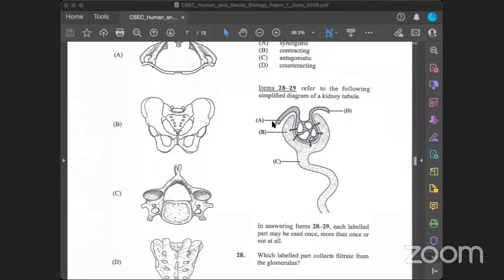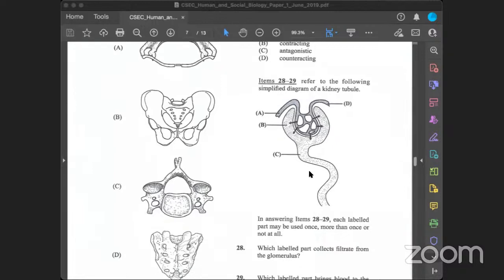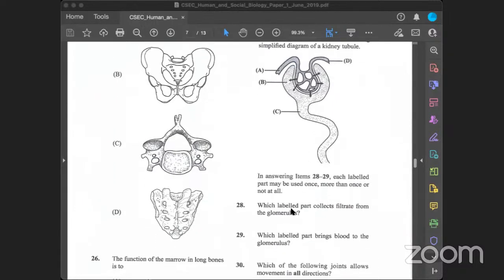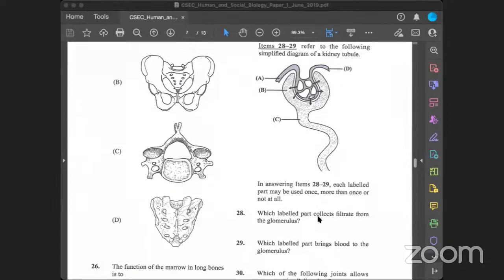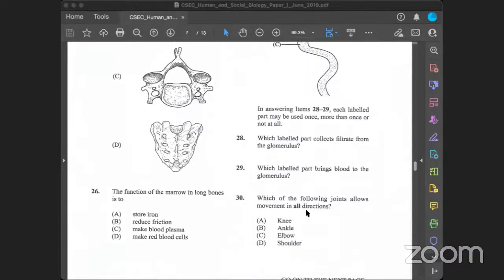All right, so let's not go into all that. This is what's bringing the blood here. This is removing whatever doesn't go in, which comes back around and wraps around to become the source of reabsorption. So yeah, 28 is B and 29 is A. And 30 is the knee, right?